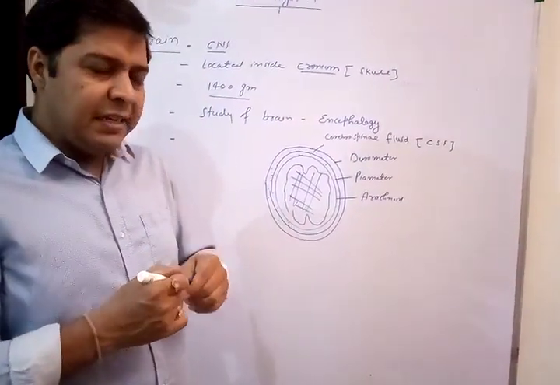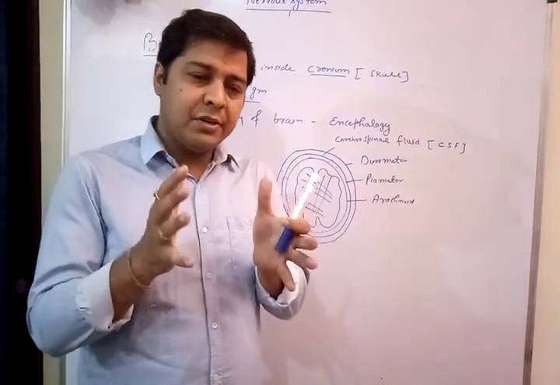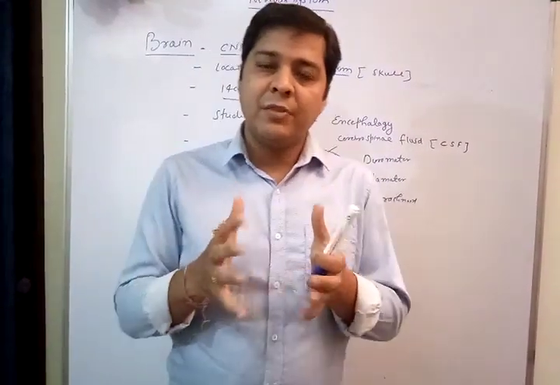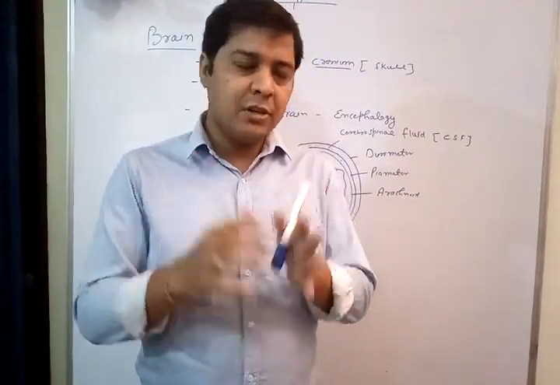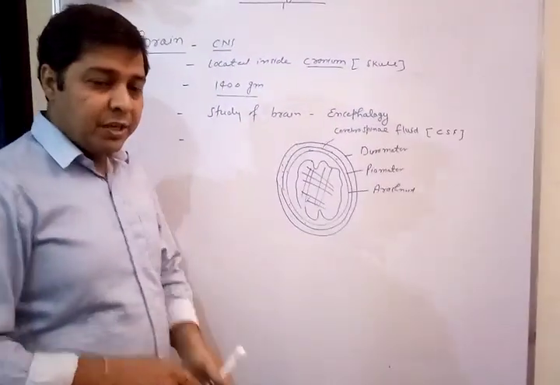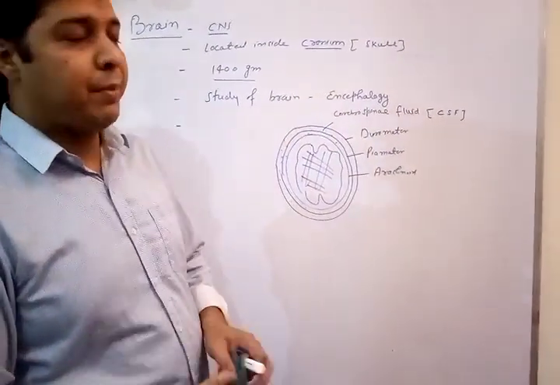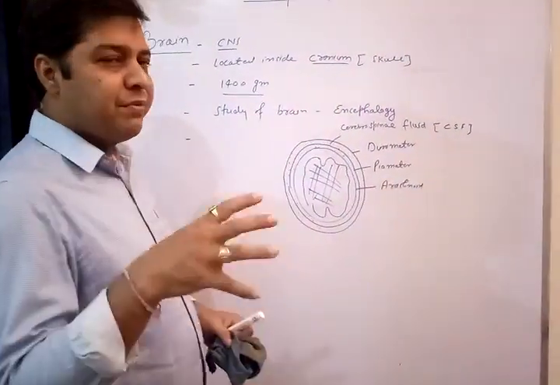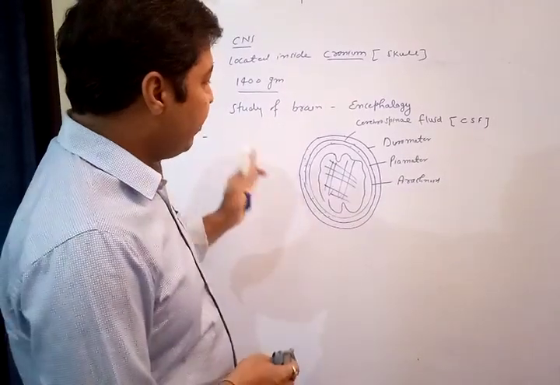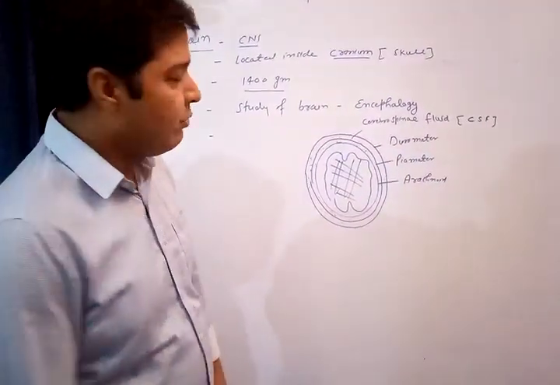These layers protect the brain from external jerks. The brain is totally safe from external jerks, right? Now if we further classify, the brain has 3 main parts. The diagram of the brain is given, but you need to write down the names of the layers: dura mater, pia mater, and arachnoid.